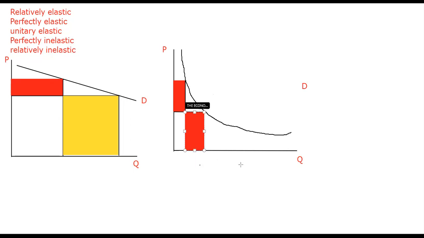It's on this side. It has also caused a decrease in quantity demand by the same magnitude. So let's assume that this space is equal to this space. That is unitary elastic.